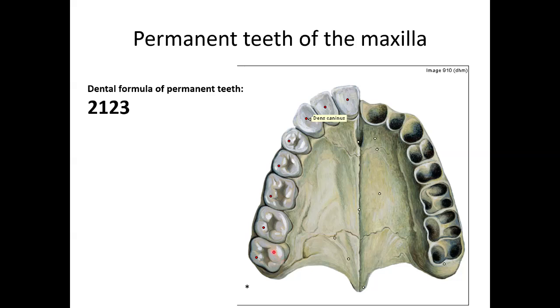But in adult persons, this last tooth, the third molar tooth, is also named dens serotinus. It means tooth of wisdom.